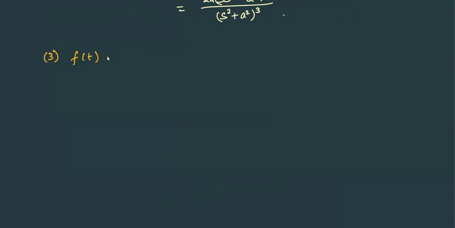f of t is t e power minus t sine 3t. So now there are two rules. One is the shifting property, applied on this, and then the differentiation property is applied.